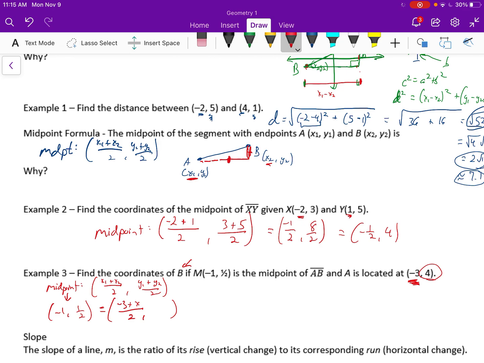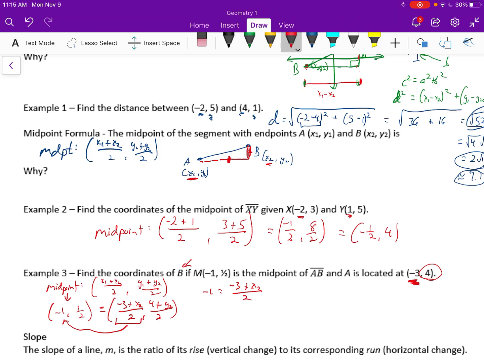And then the y value, 4 plus the y value we're looking for, over 2. And you could put little subscripts of 2 here if you want. Now all we need to do here is, this right here is going to be our x value. So we make a little equation. Negative 1 equals negative 3 plus x sub 2 over 2.